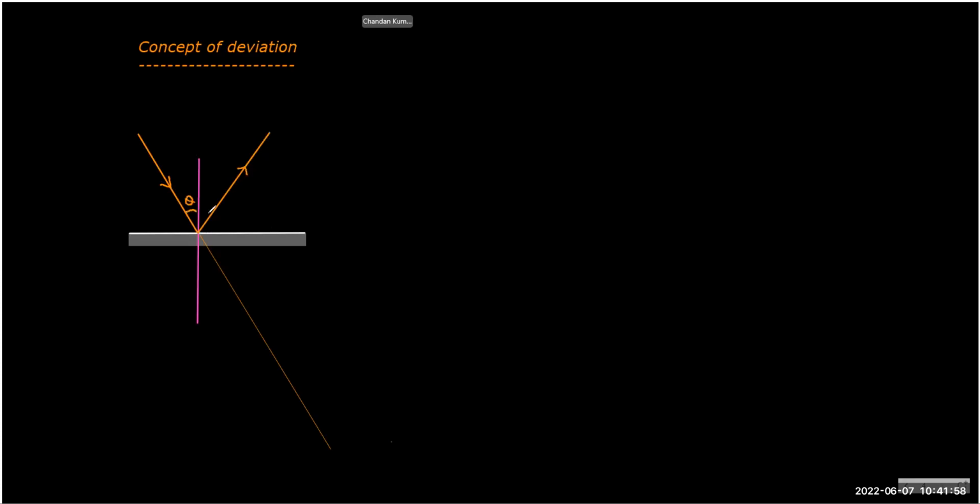So if you call this theta, let's write I. So if this is the angle of incidence, this is also I. So what the mirror has done is that it has turned the light ray from the expected path by this value. So what is the deviation caused by the mirror? What is the meaning of deviation?